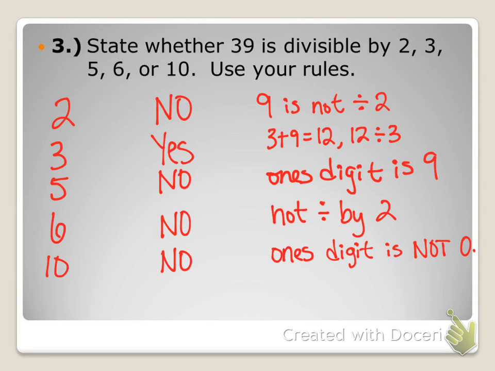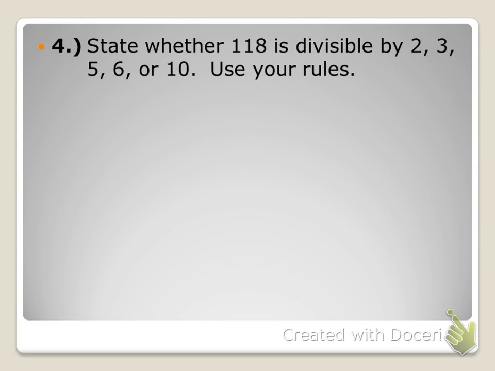Okay, are we ready to try the next one? All right, this time we're using the number 118. 2, 3, 5, 6, and 10.